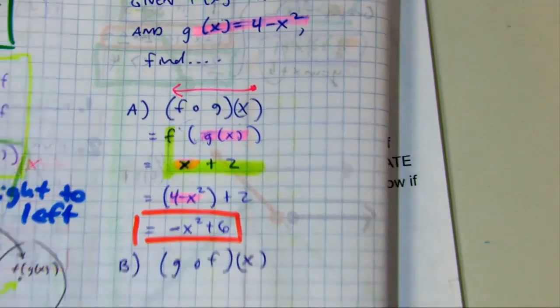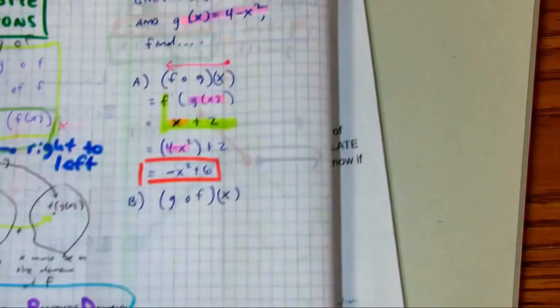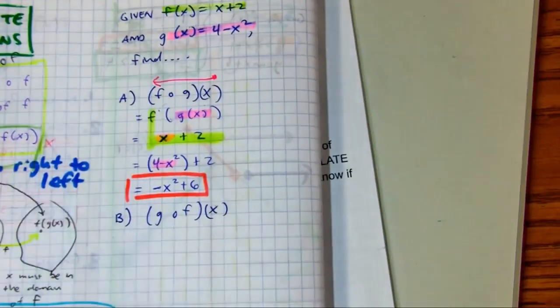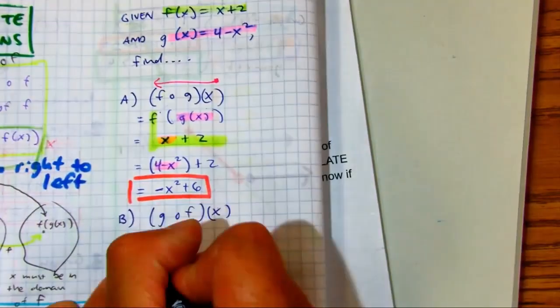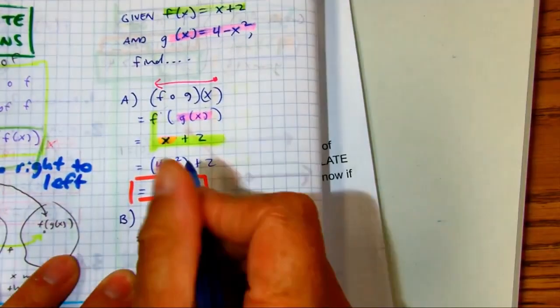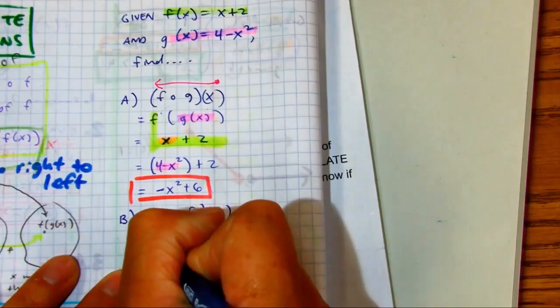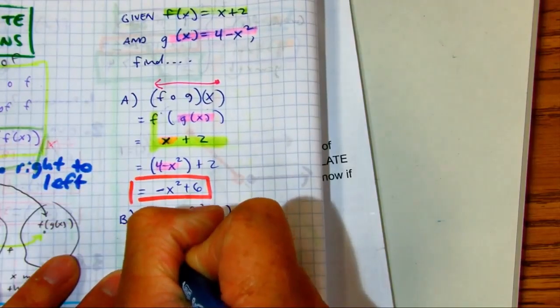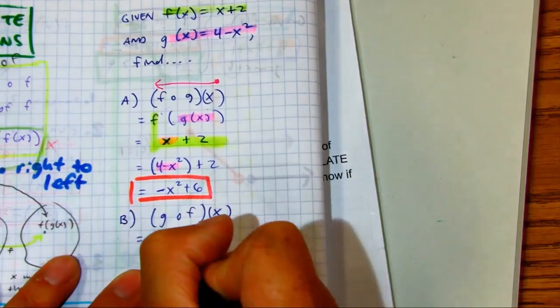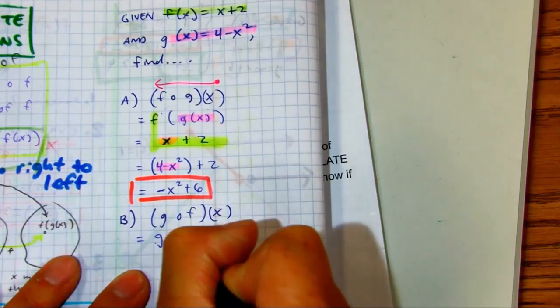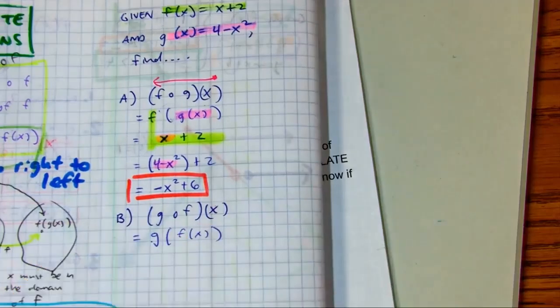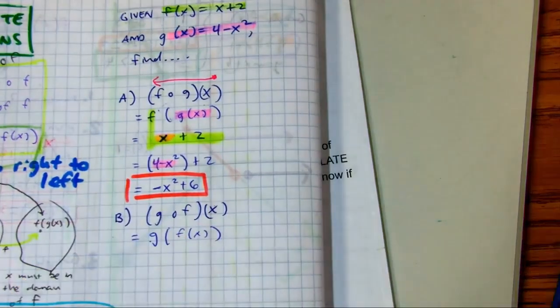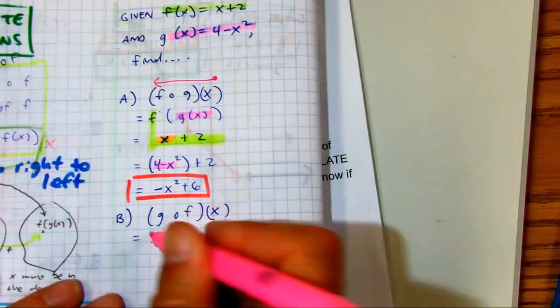Okay, let's run it back. Let's write it in student friendly. Tell me what to write. G of f of x. G of what? F of x. What is your g function?